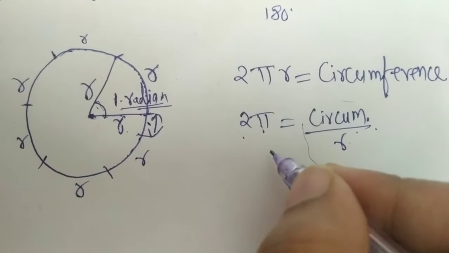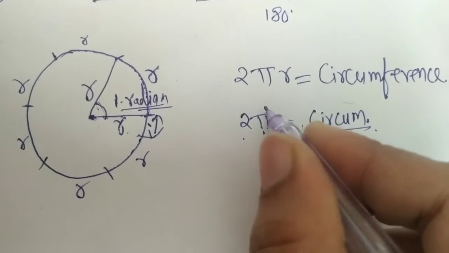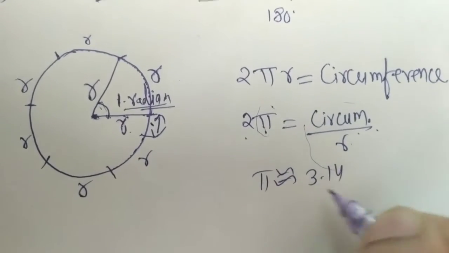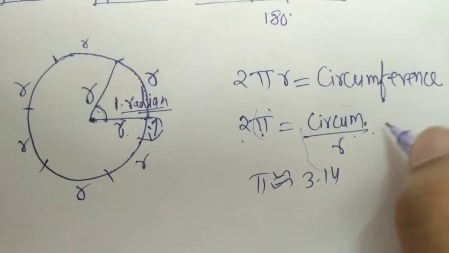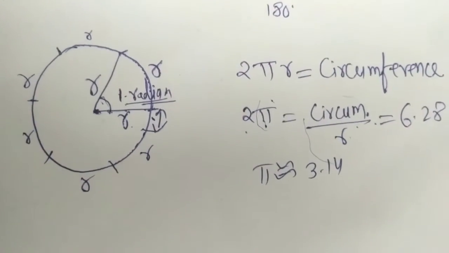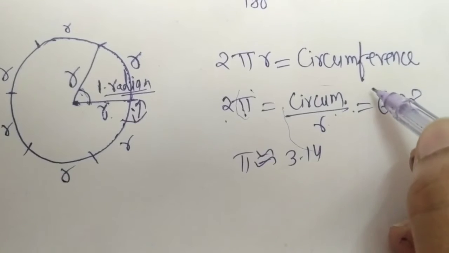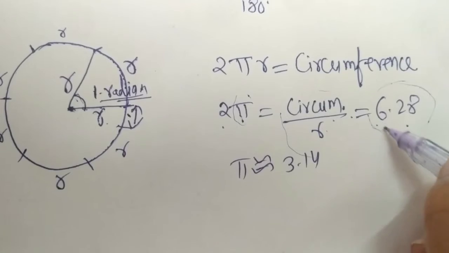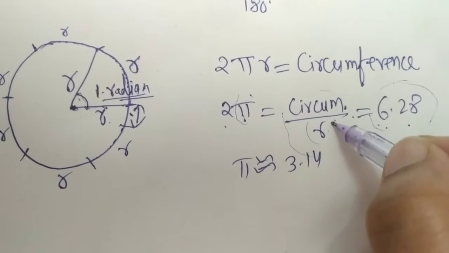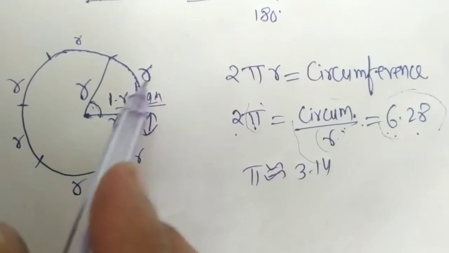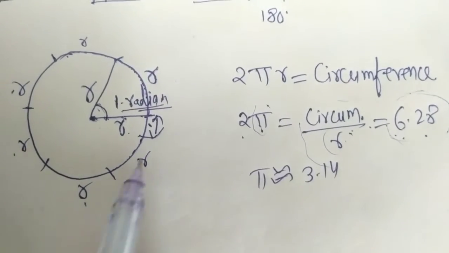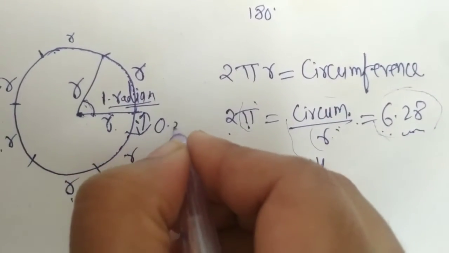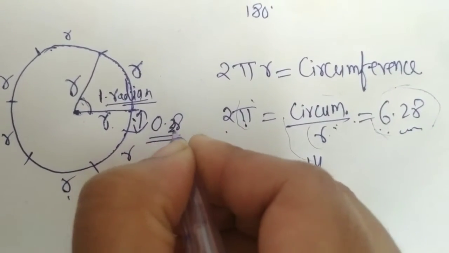Since pi is approximately 3.14, 2 pi will be equal to 6.28. It means we can mark 6.28 arcs. This is the number of arcs of length r. 1 arc, 2 arc, 3 arc, 4 arc, 5th arc, 6th arc, and the remaining is 0.28 of an arc.